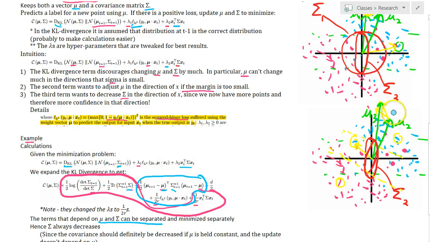So we make updates, like I said, and I think it's harder to just understand the sigma part of this, but since the sigma update doesn't depend on mu, and we know if mu is 0, then we would definitely decrease sigma in the direction of x in order to make this term smaller, with little cost to the KL divergence at first. And so we know that sigma always decreases. We always get more confident in the direction that we're making updates.